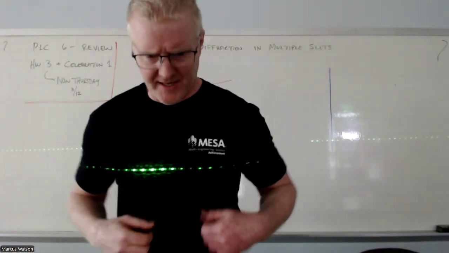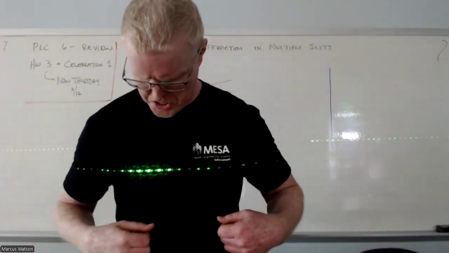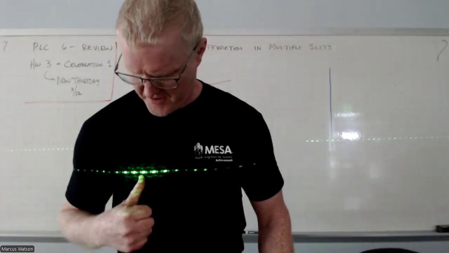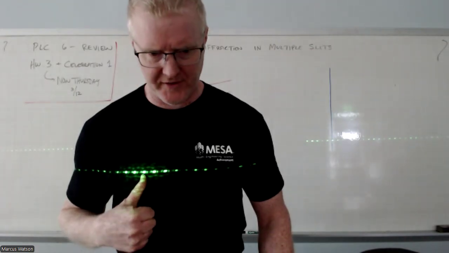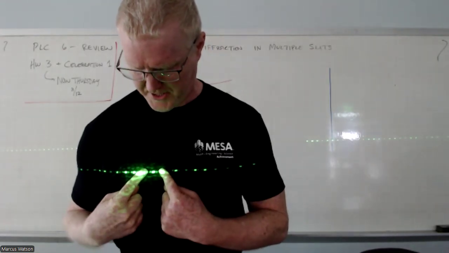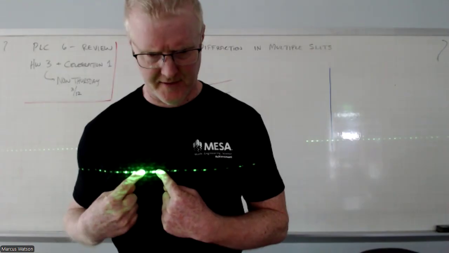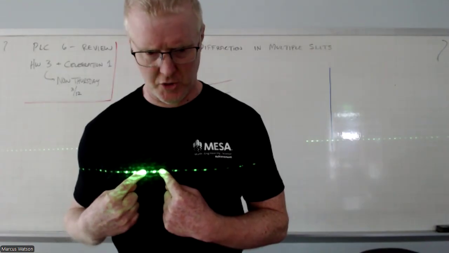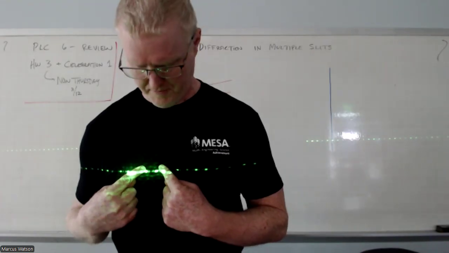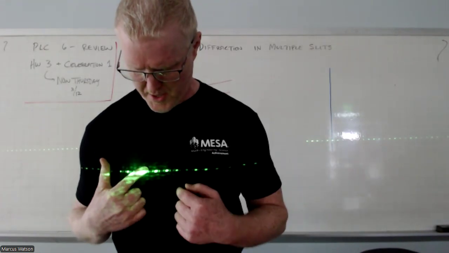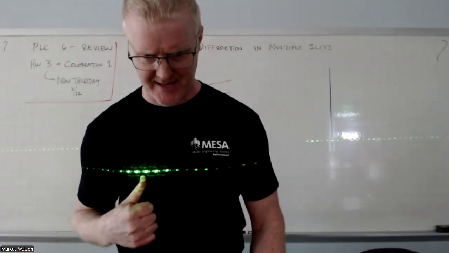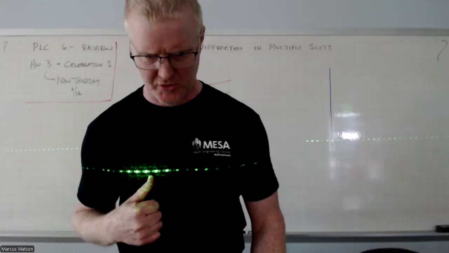Okay, let's see if I can stand in front of it here so you can kind of see. This one's a little tougher to see, but I've got definite very bright ones here where they're all together. And then I've got two on either side of that. Those two are partial maxima, but then there's one right in between, and you probably can't see that really well, but it's right in between those two partials.